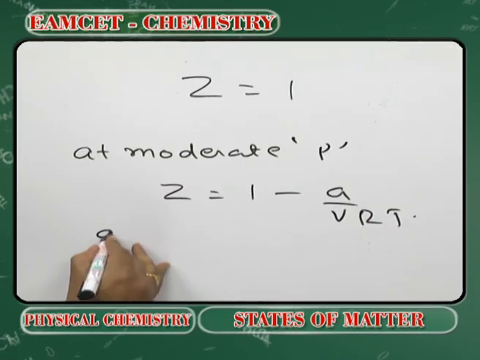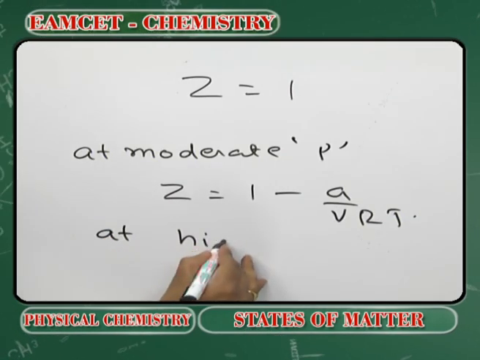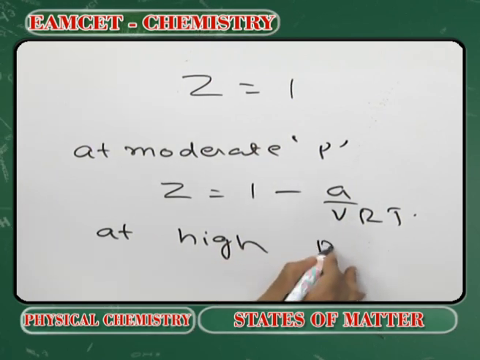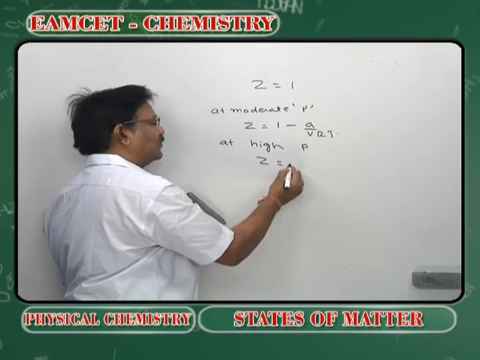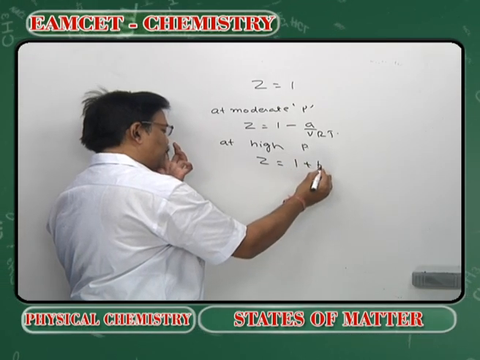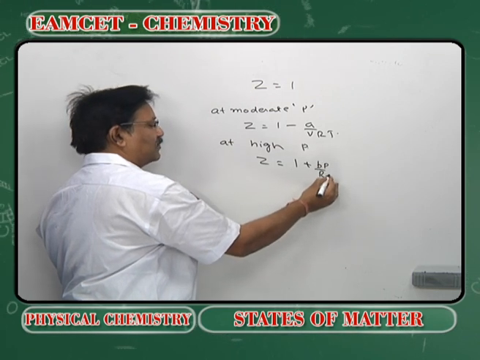At very high pressures, Z will be equal to 1 plus BP by RT.